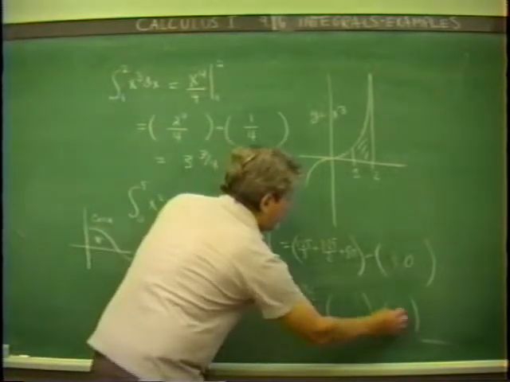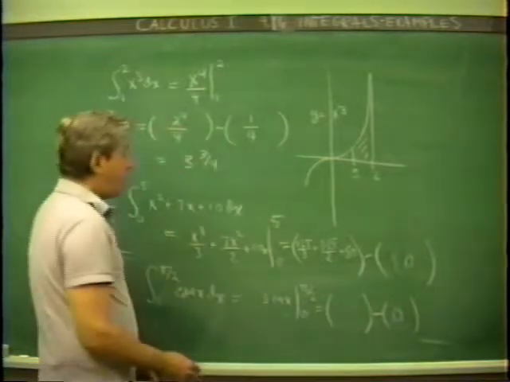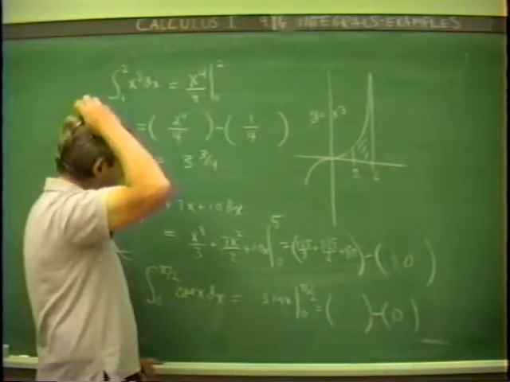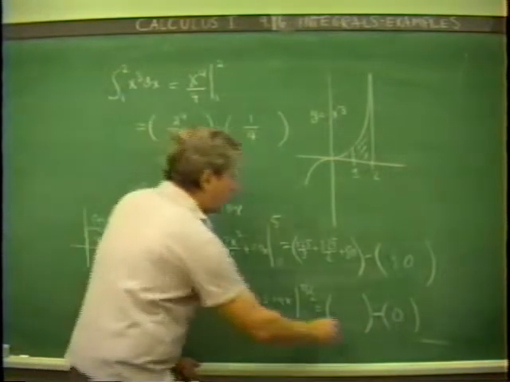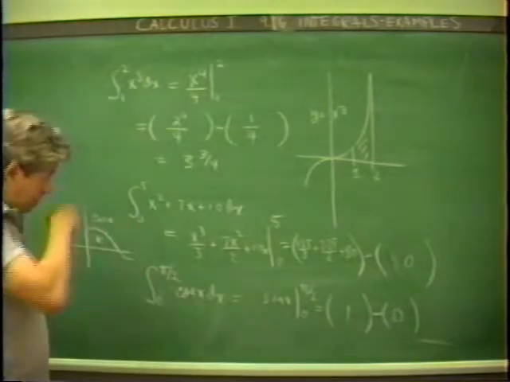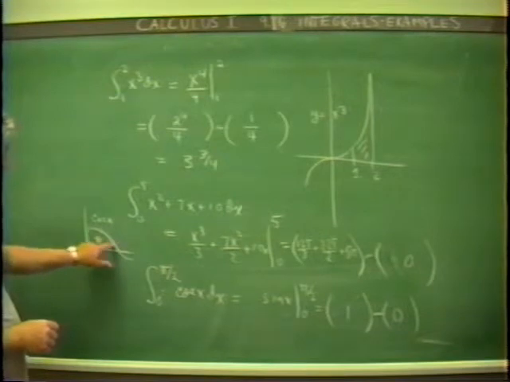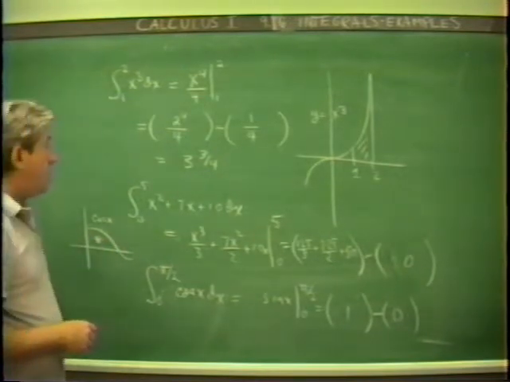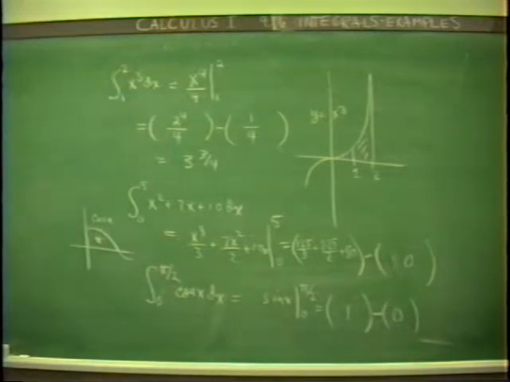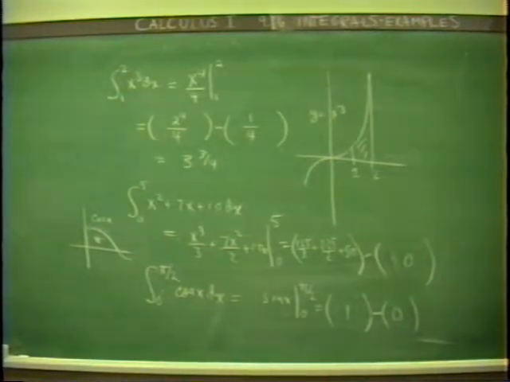We want to evaluate it from 0 to pi over 2, so we take the value at pi over 2 and subtract the value at 0. The value of sine at 0 is 0. The value at pi over 2 of the sine function is 1. So the area underneath the cosine function over here is 1.